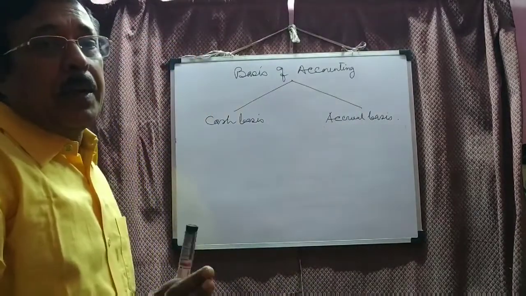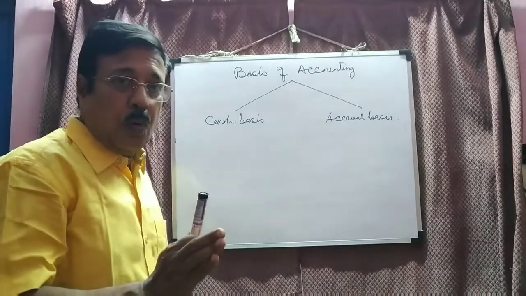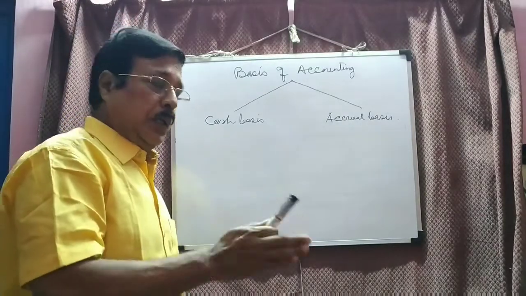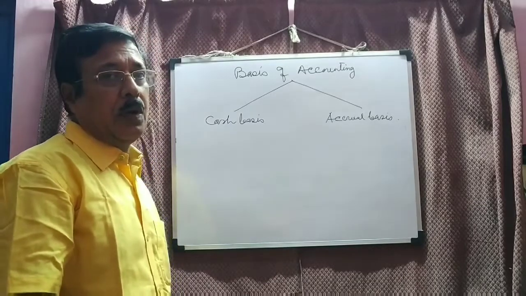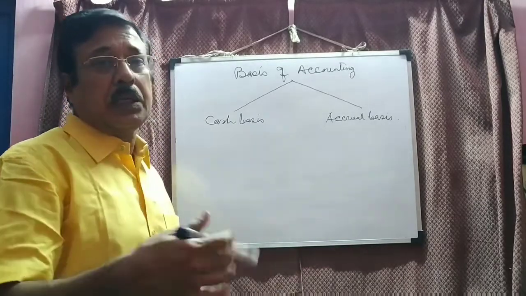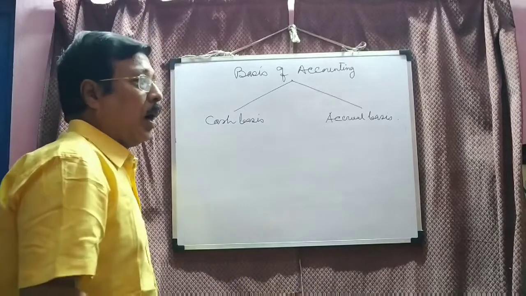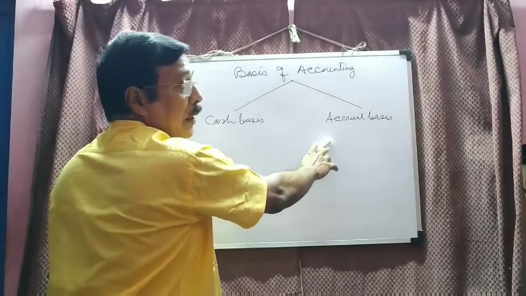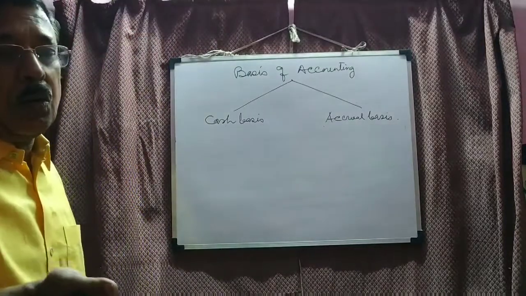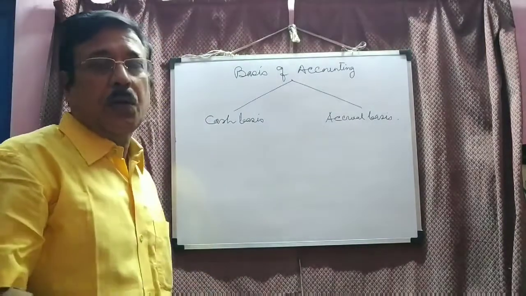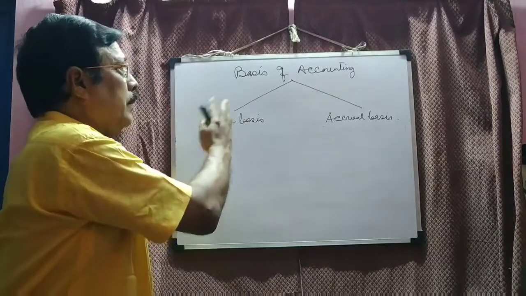That means if it is accrued, it should be recorded in the income and expenditure account. Whether it is paid or not, whether it is received or not, that we do not look at. It must be considered.